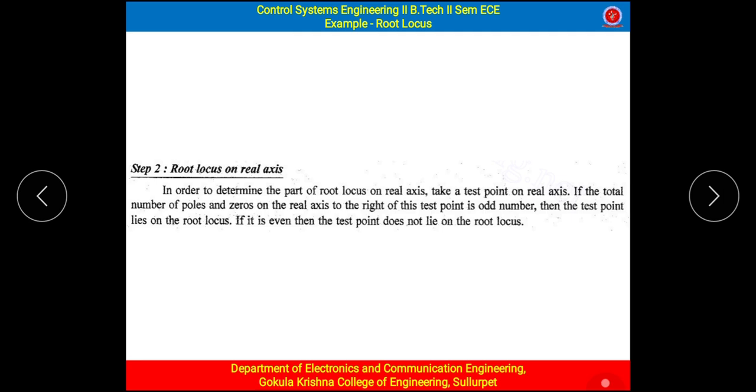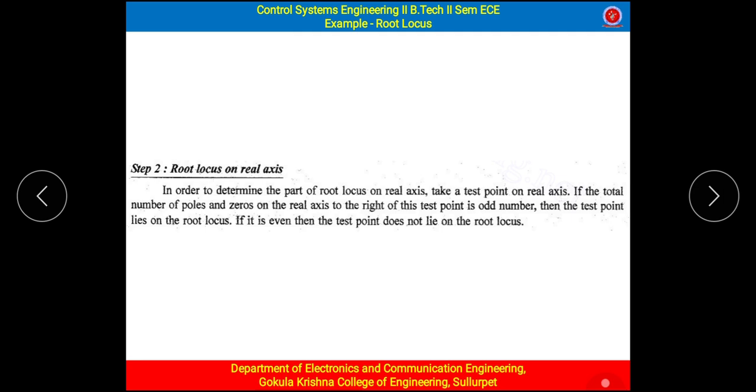Okay, we can verify that by checking one condition. The condition is, see, on the real axis you take some point and let it be a test point. You just verify if there are any odd number of poles and zeros towards right side. Okay, if that is the case, then that particular test point is on the root locus branch.